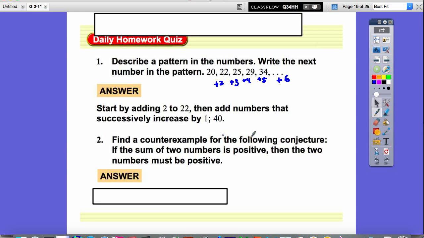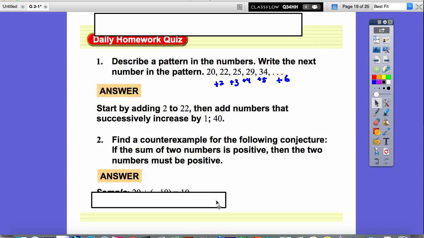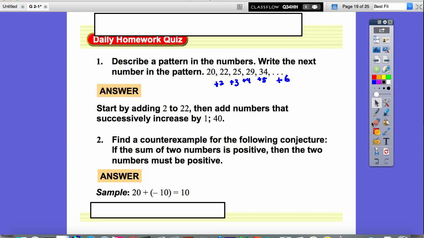Find a counterexample for the following conjecture. If the sum of two numbers is positive, then the two numbers must be positive. So you want to find a counterexample, something that disproves this. See if you're able to do it.